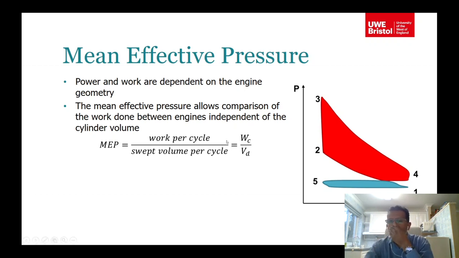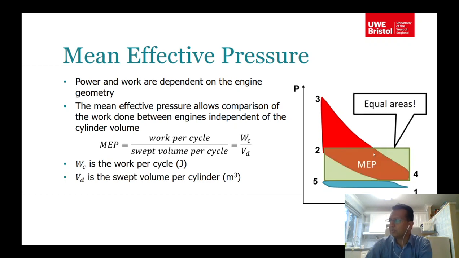So you get one work per cycle, and you divide that by swept volume, so that then you will get the mean effective pressure. WC is the work per cycle, and VD is the swept volume per cycle. So what you do here is you get these areas, the red area minus the blue area. If you equate that to a square box of the same volume times a pressure, that pressure will be the mean effective pressure.